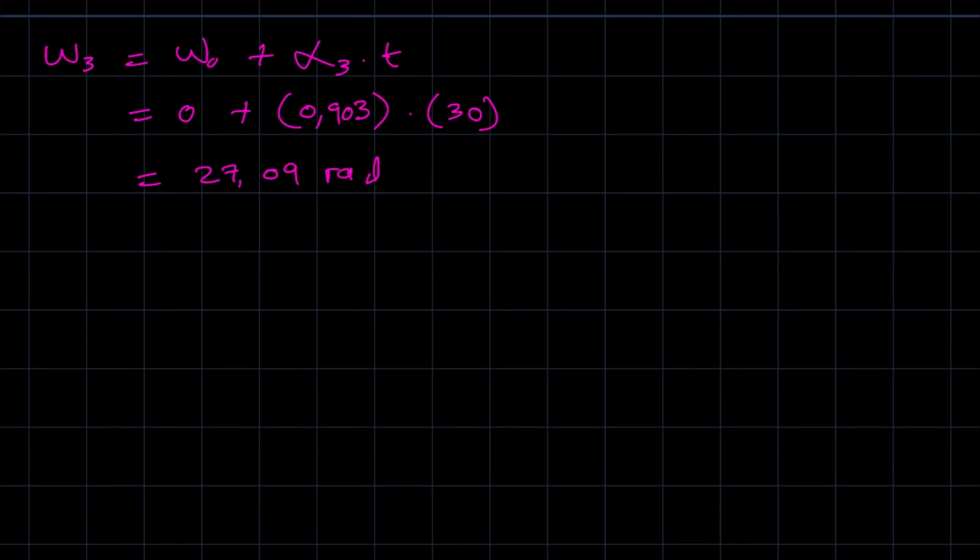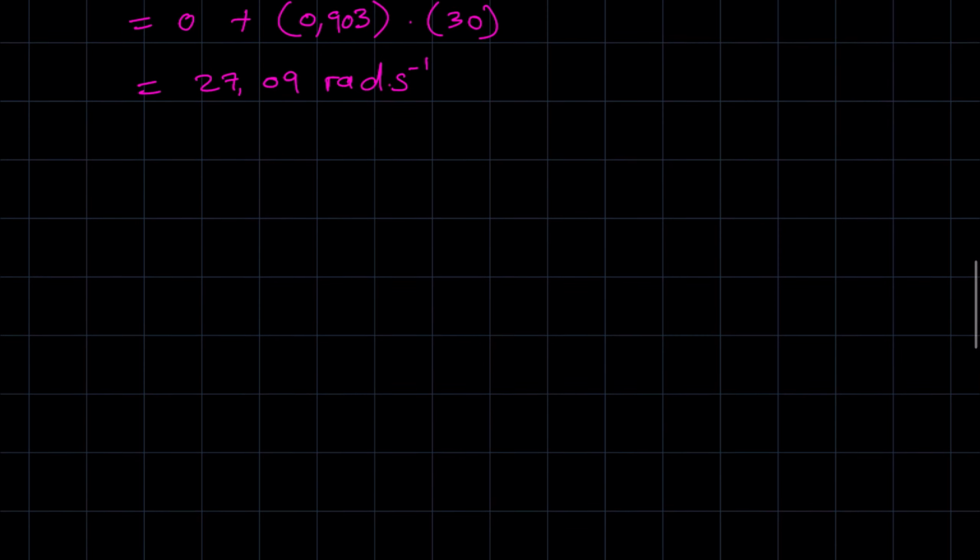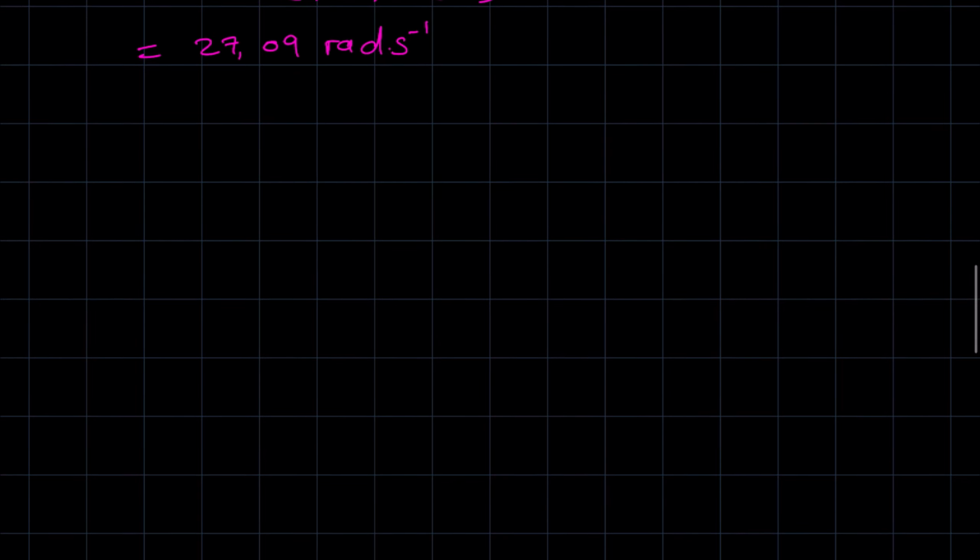radians per second. Now they did say that we need to calculate the rotational frequency, and it must be in revs per minute. So from this we can calculate the rotational frequency of the output shaft. We know the relationship between angular velocity and rotational frequency is that omega 3 would be equal to 2 pi n3.